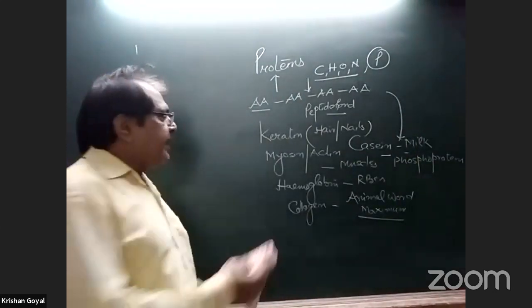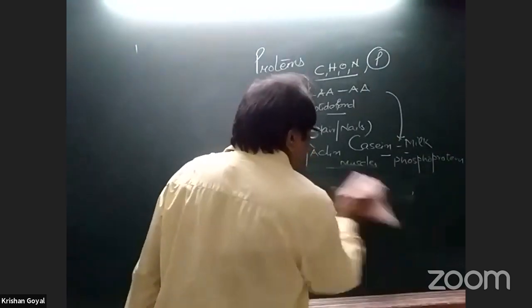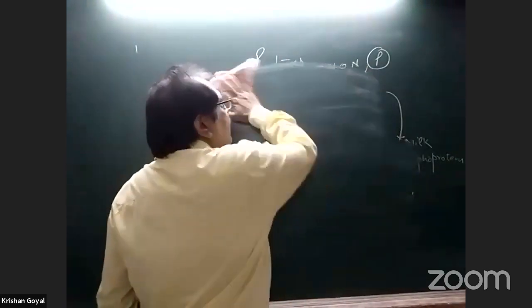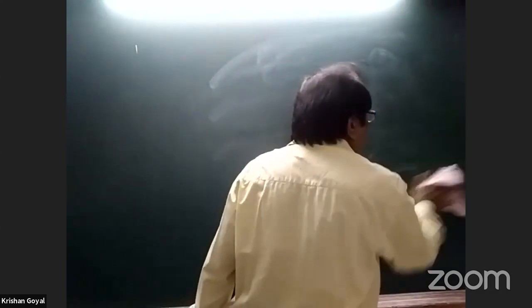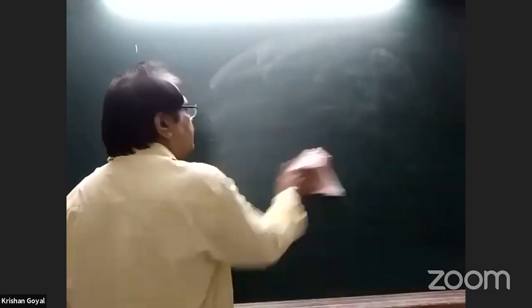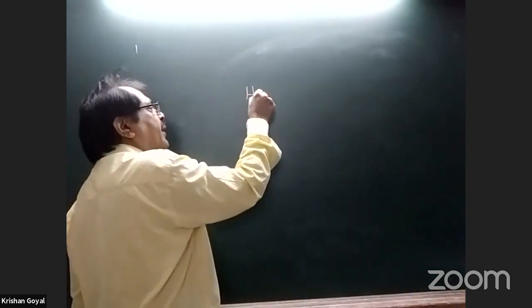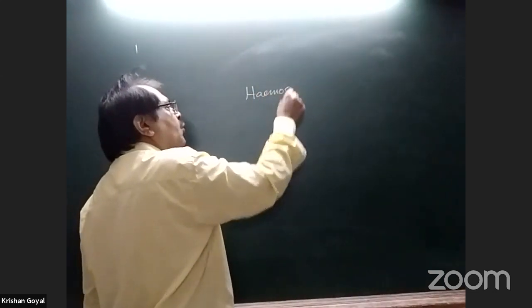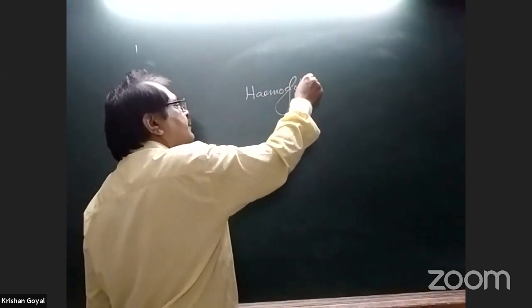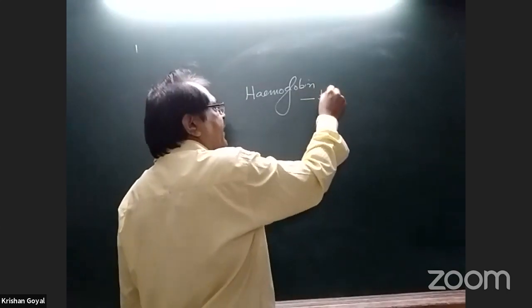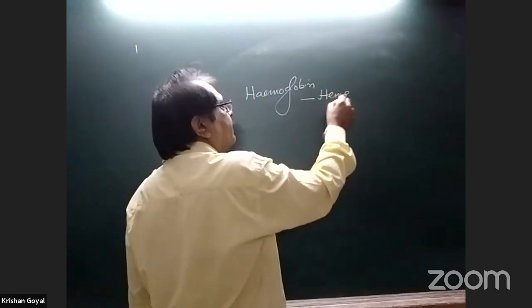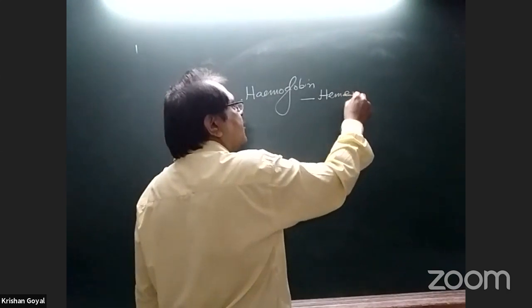Now, a little bit about hemoglobin, we must know about it. Hemoglobin, very important. It is made up of heme plus globin.